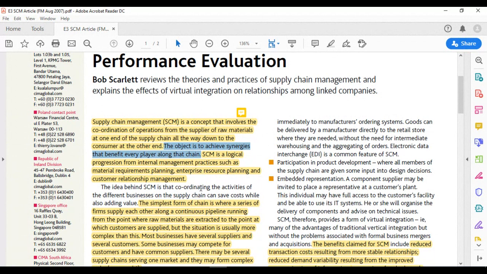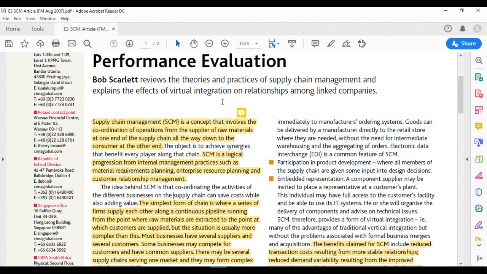The main aim is that the supply chain should be able to save costs while also adding value. So you're doing things more beneficially in order to save cost, but you're also servicing the needs of your customers better, while benefiting all the players within the supply chain.